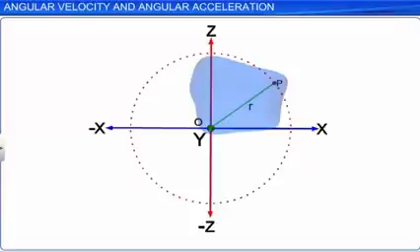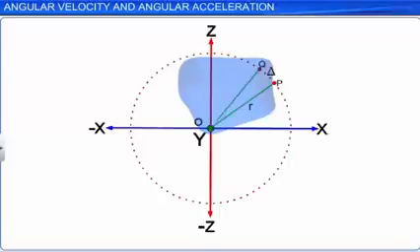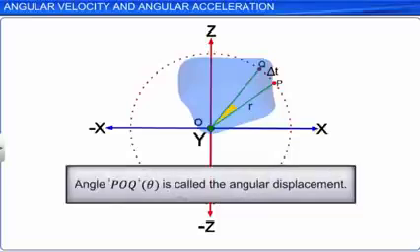While the rigid body is in rotational motion, if the position of the particle changes from P to Q during a small interval of time, delta t, then the angle POQ is called the angular displacement. In the SI system of units, angular displacement is measured in radians.